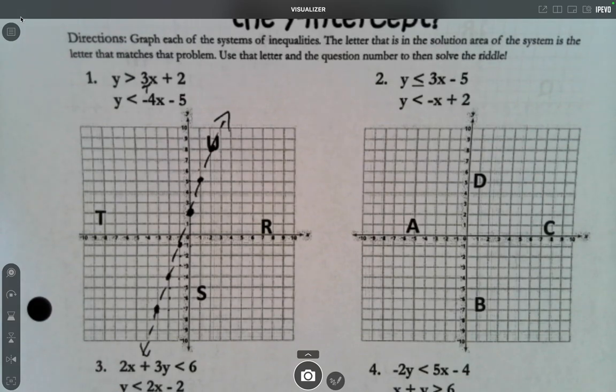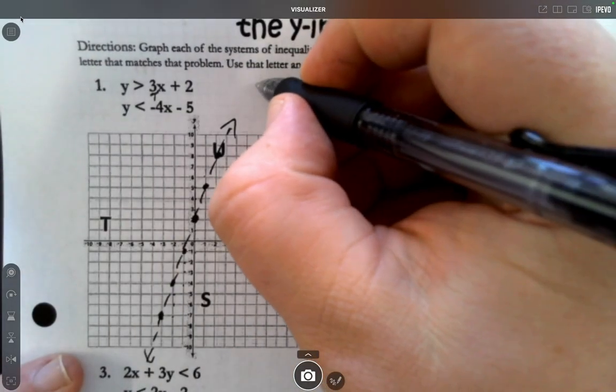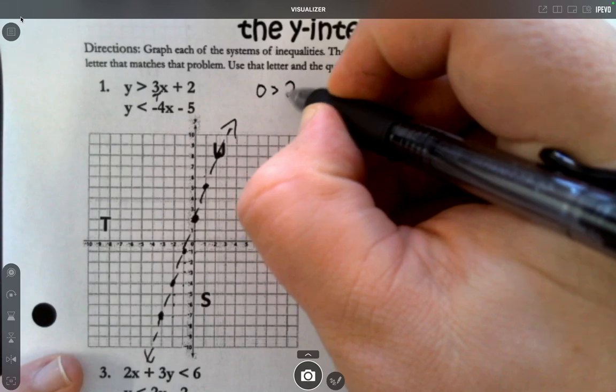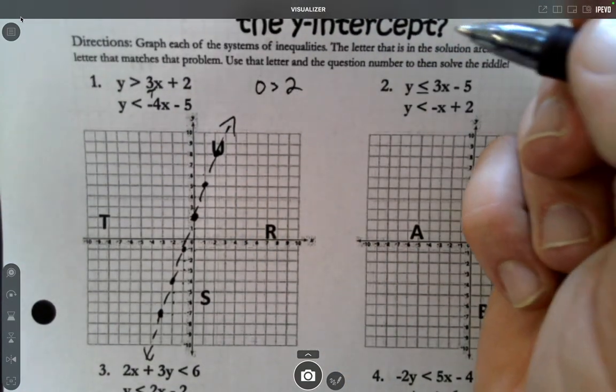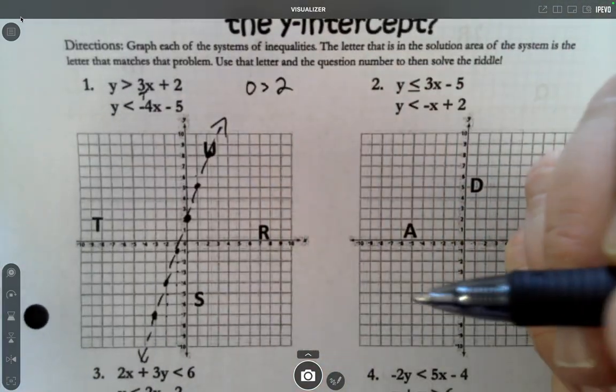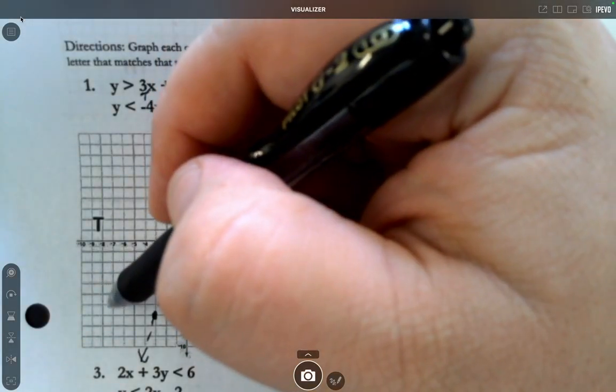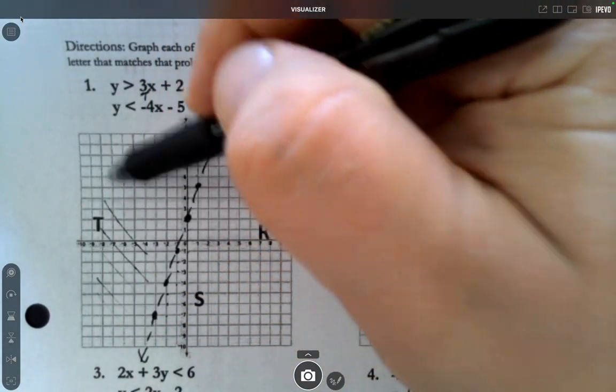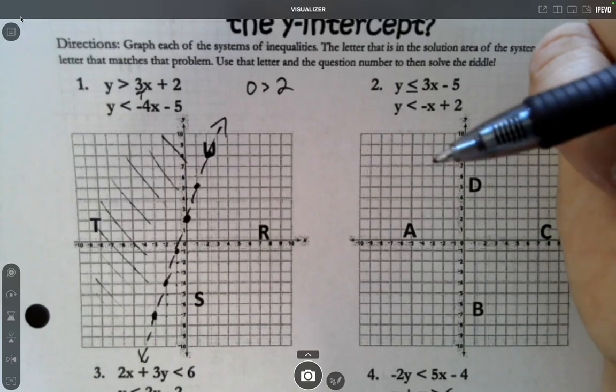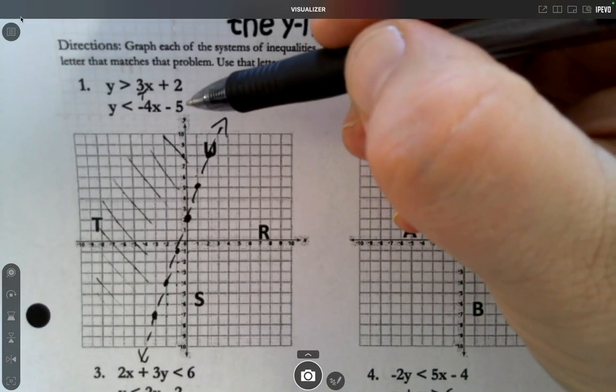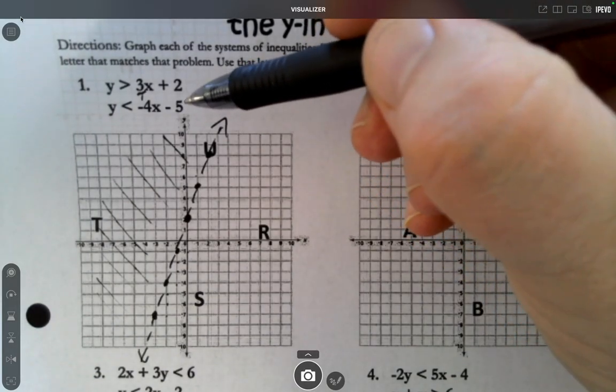So just like before, I'll plug in 0, 0 for this top equation. We get 0 is greater than 2. I'm afraid that's not true. So that means the 0, 0 side is false. Now I'm just going to do a light shade just so I know what side it's on, because I'm going to have to graph this line also and see where it's shaded.